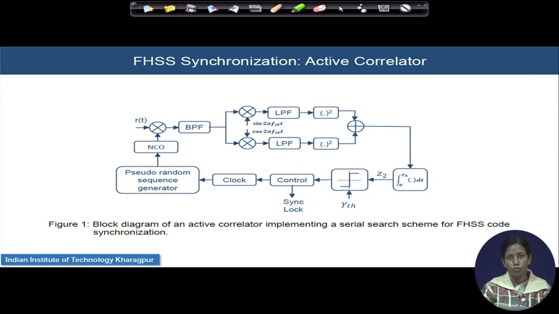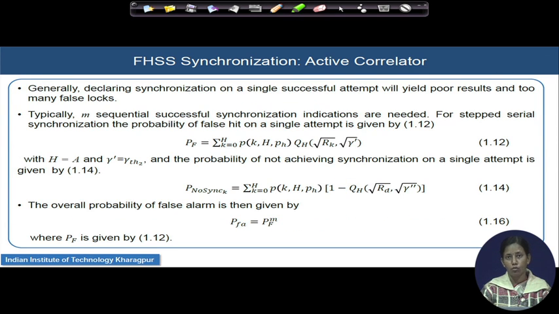We try to check at least 2 or 3 times whether the lock is a genuine lock or not, that is, whether your test statistic z is crossing the gamma th value or not. So, the serial search technique not only needs a lot of time within a single search if the alignment is not matched, but even after getting locked, it does not declare it to be locked immediately. It takes several iterations to finally declare that there is a sync lock.